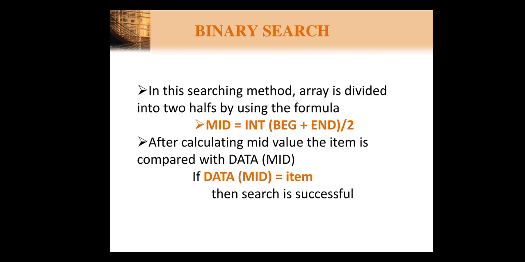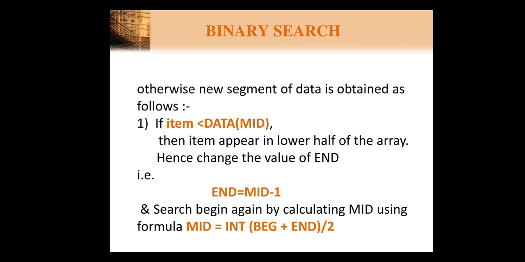If both values match, then you can say your search is successful. But if the mid value is not equal to your atom value, then you have to carry out the next task: check whether your atom value is less than data of mid or greater than data of mid.